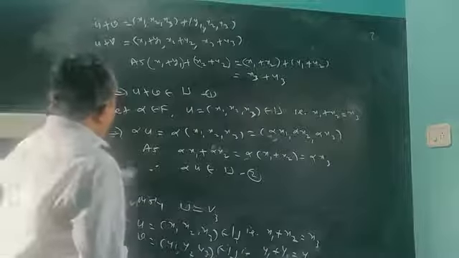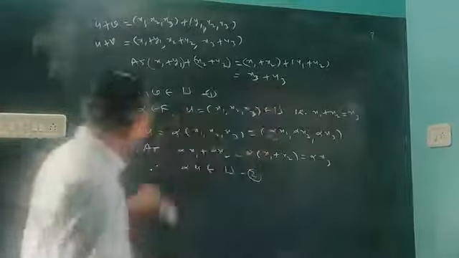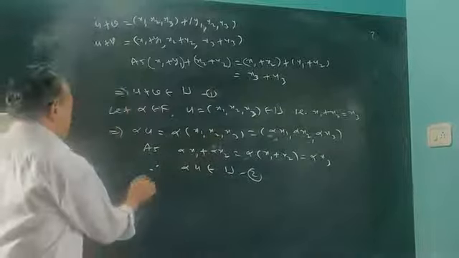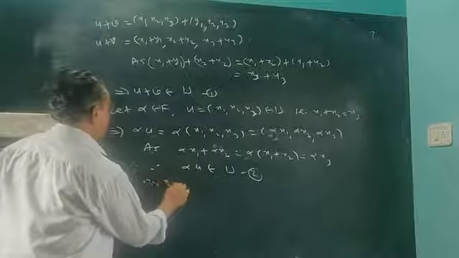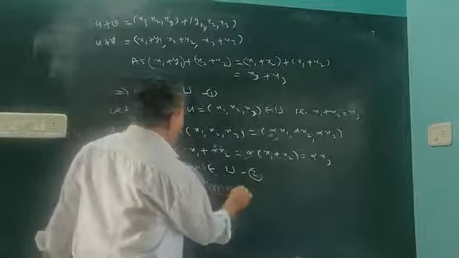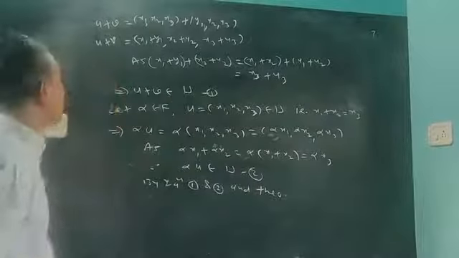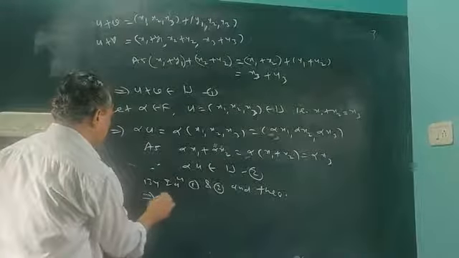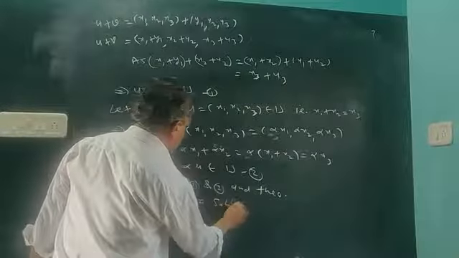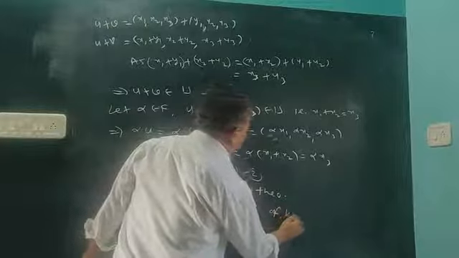So both points hold: U plus V belongs to U, the first point of the subspace theorem, and alpha U belongs to U. By equations 1 and 2 and the theorem on subspaces, this set U is a subspace of V3.